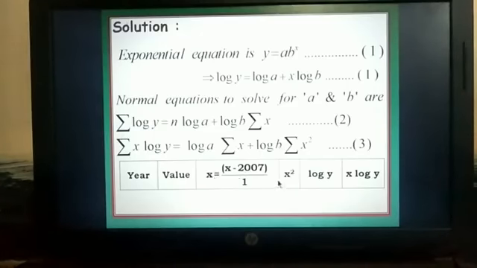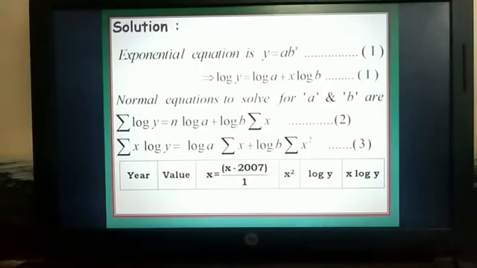Only the multiplication of 2 in the x value will not be there here, because when an odd number of observations is given, we get the exact middlemost observation, and there is no need to take the arithmetic mean of 2 years. So we will not be dividing by 2 when taking the value x minus a divided by c.